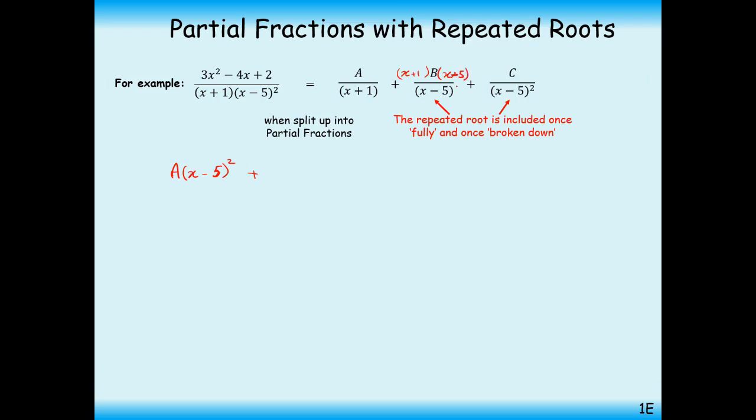Why? Because we only need one more factor of x minus 5 and x plus 1 in the denominator. What's missing from C, the fraction that has C on top of it, is simply x plus 1. We don't need to multiply it by x minus 5 at all, so that these fractions will have the same denominator.